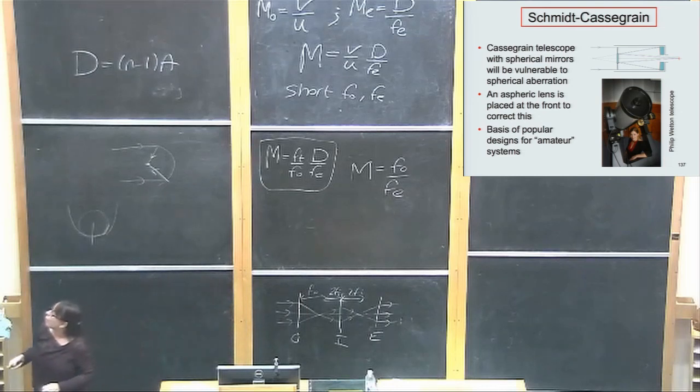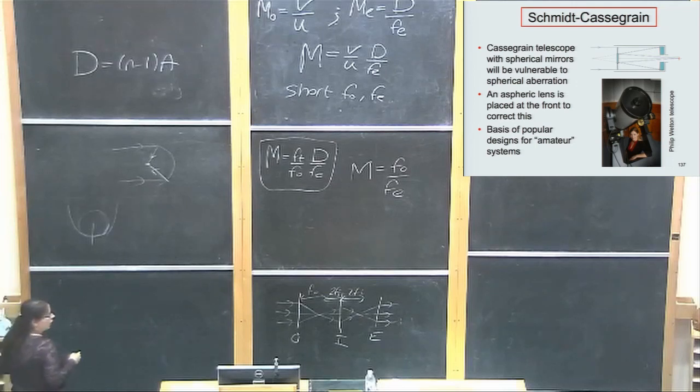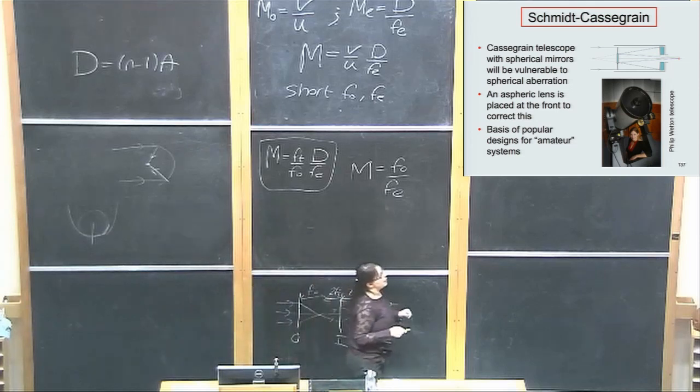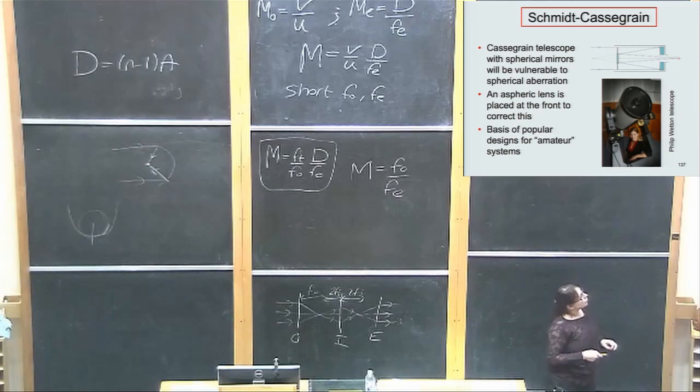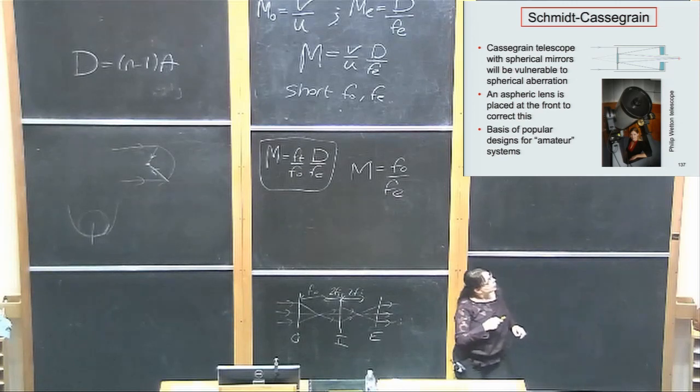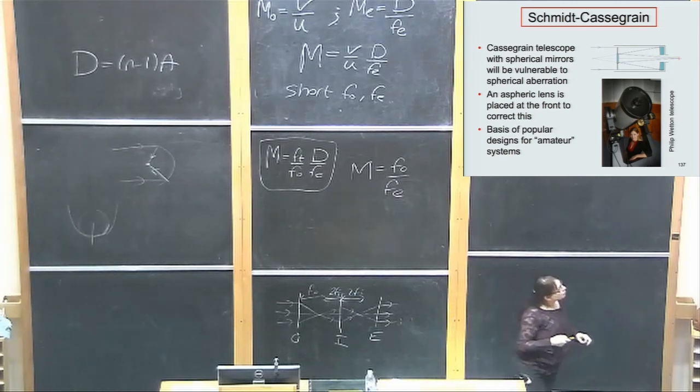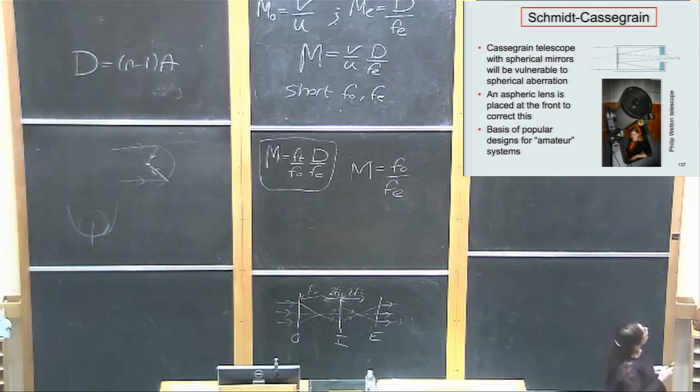So I just want to show a picture of the Schmidt-Cassegrain telescope. The reason I'm showing it is because this is the best telescope we have here in the department, and you are able to go and visit it if you arrange with the secretary in astronomy. It's a Schmidt-Cassegrain design, but it works with spherical mirrors.